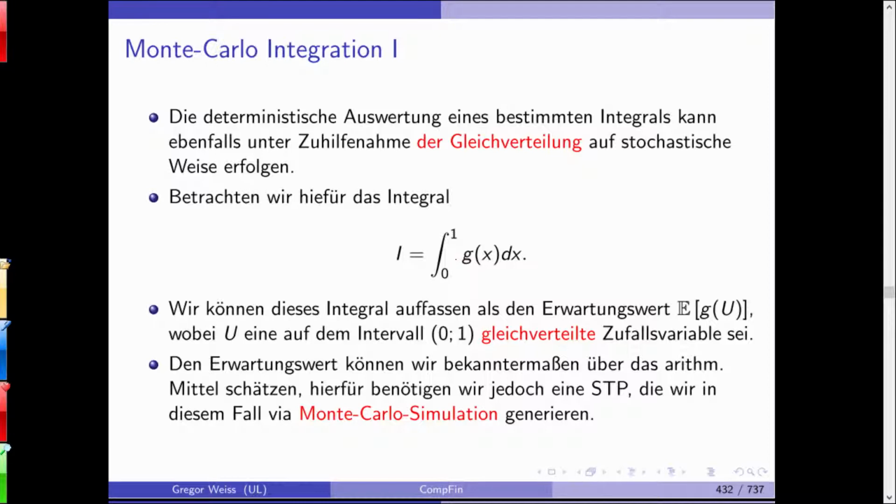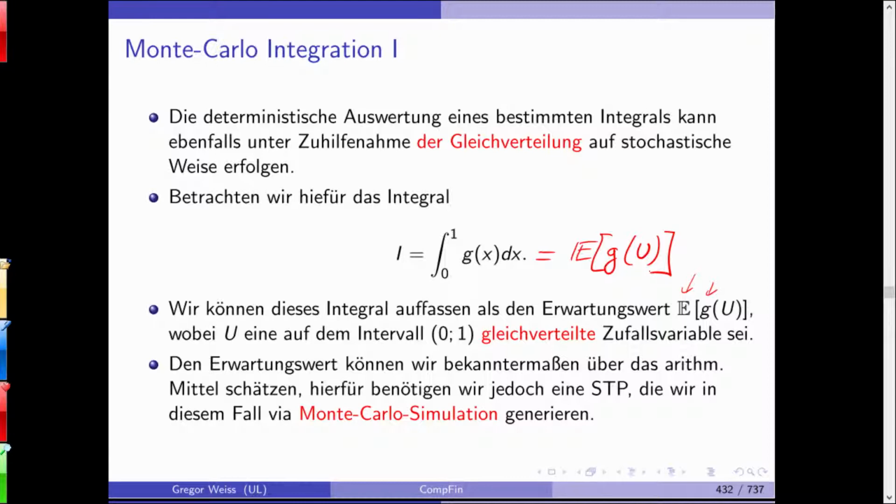You can view this as the expected value of the function g with a uniform random variable inserted into g. So this is equal to the expected value of g, if you insert a uniform random variable in it.